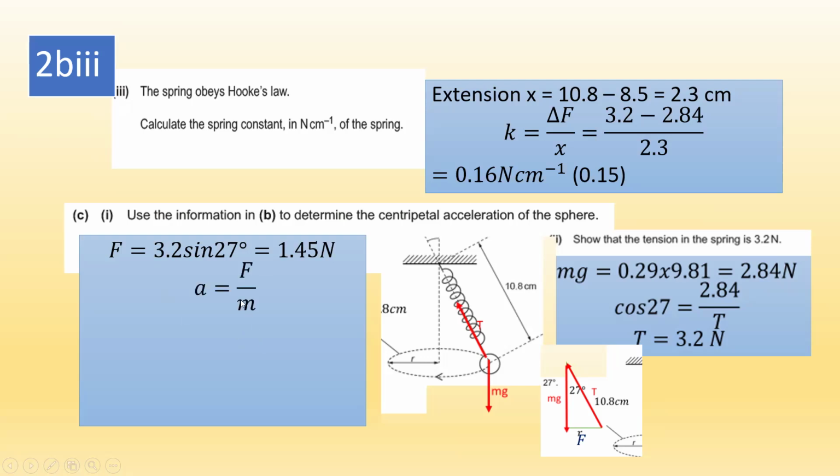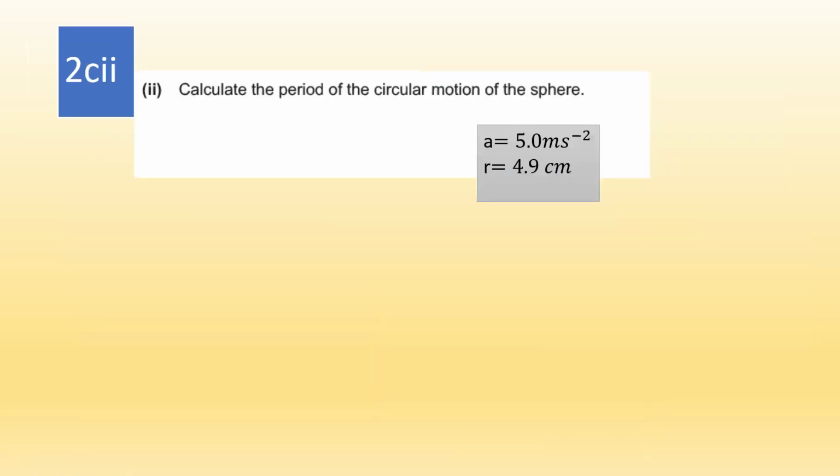A equals F divided by M. And your AS work. Okay, any comment? Mark yourself.